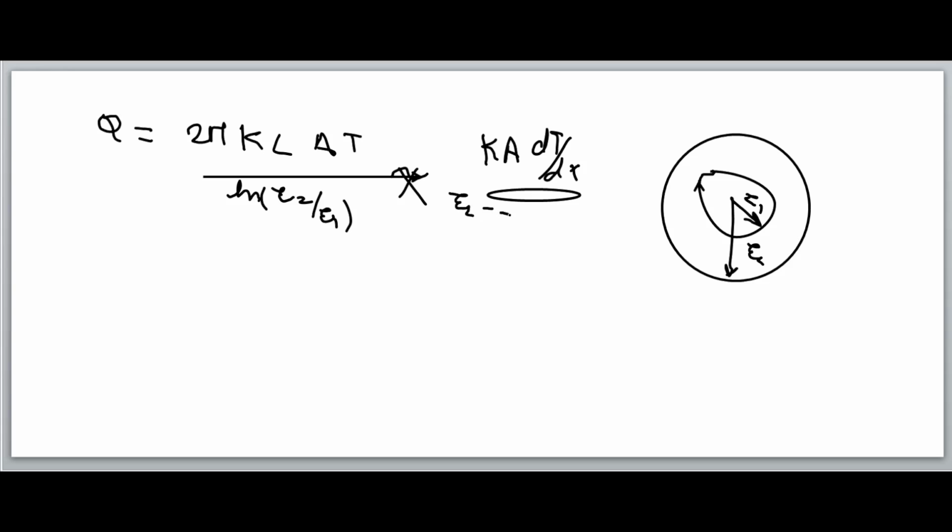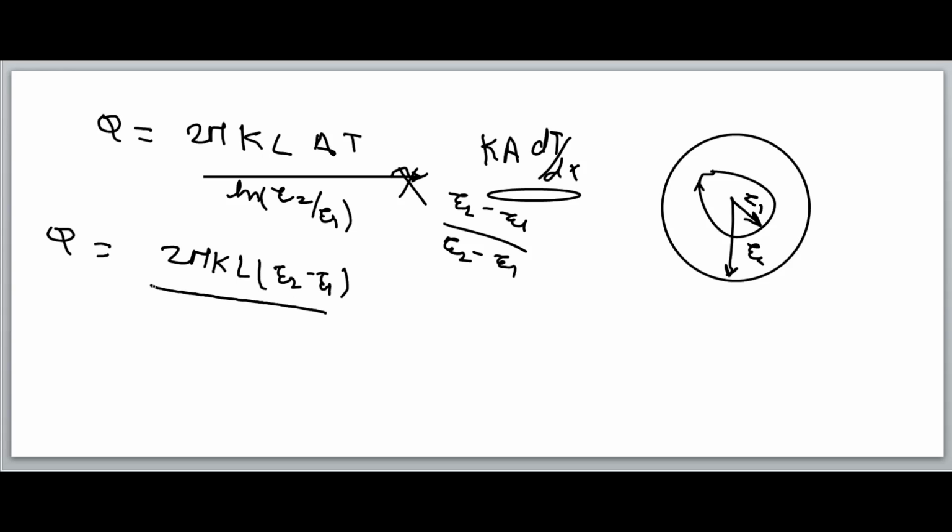So what we will do, we simply multiply and divide this equation by R2 minus R1. We will get Q is equals to 2 pi K into L into R2 minus R1 divided by ln of R2 by R1 into delta T divided by R2 minus R1.